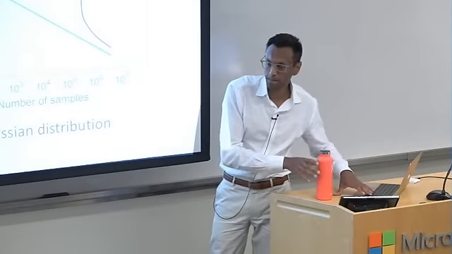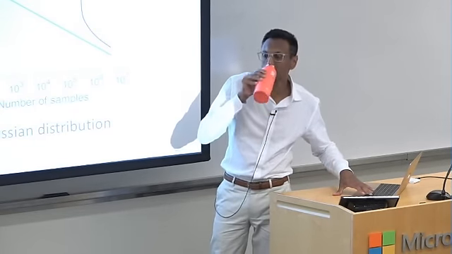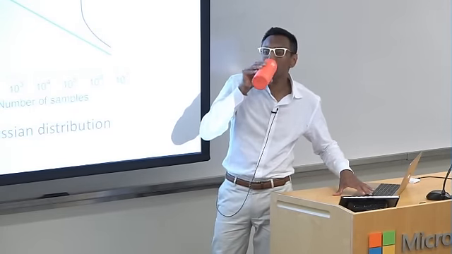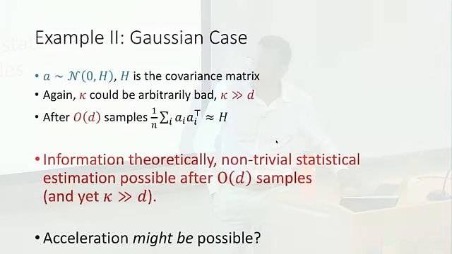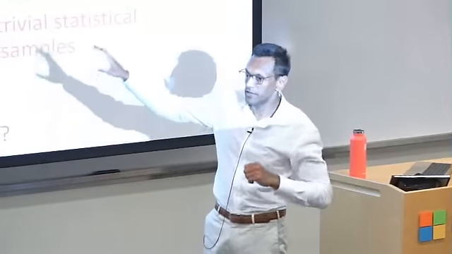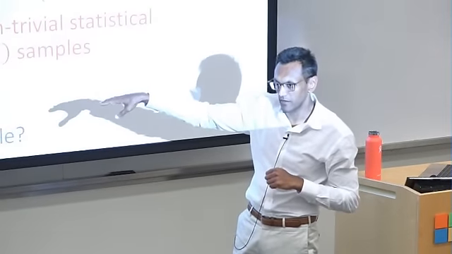Yep. Just a clarification. The condition number is not the condition number of the covariance matrix. It's something like the trace over the minimum eigenvalue. Yeah, that's right. So kappa for the gradient descent problem would be the max over min of the matrix.